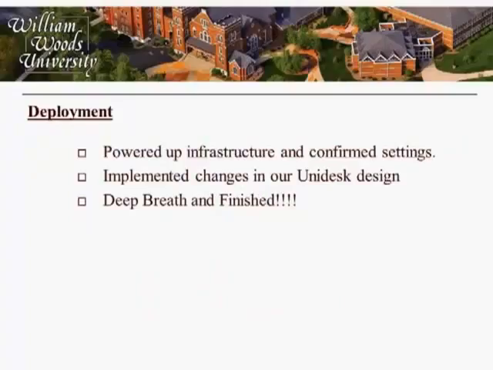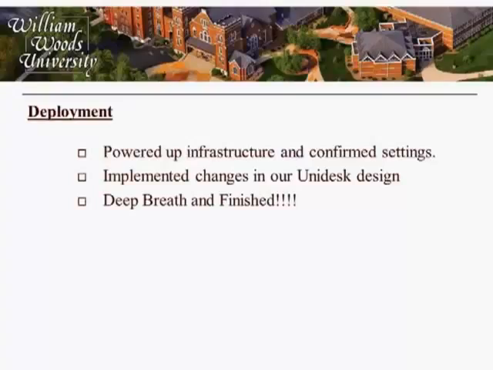We then powered the infrastructure back up and said a couple of prayers, confirmed the settings, made sure everything was good. We did implement some changes at this time to our Unidesk design, just some things that we didn't follow best practices with in phase 1. This was a good time for us to get those resolved, and we took a deep breath and we were finished.